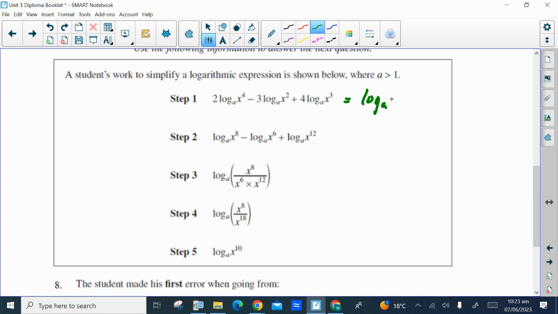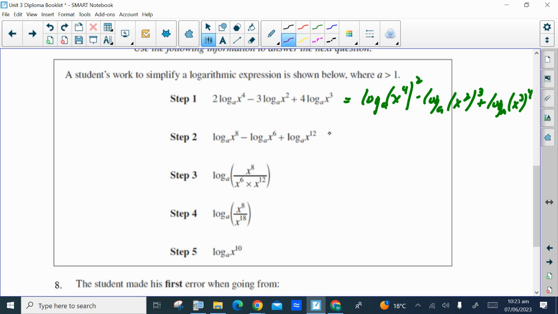So it'll be log base A of x to the 4th, all squared, minus log base A of x squared, all cubed, plus log base A of x cubed, all to the 4. And when you multiply 4 times 2, you'll get 8. So that's correct. When you multiply the 2 times the 3, you'll get 6. That's correct. And when you multiply the 3 times 4, you'll get 12. So that is correct.